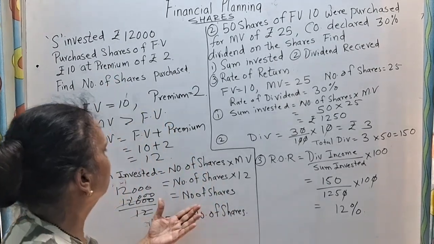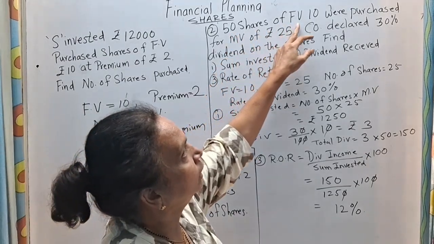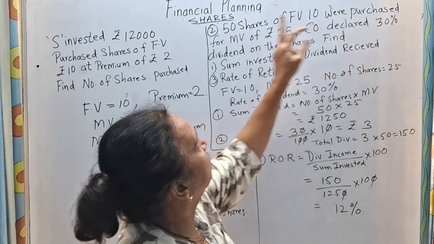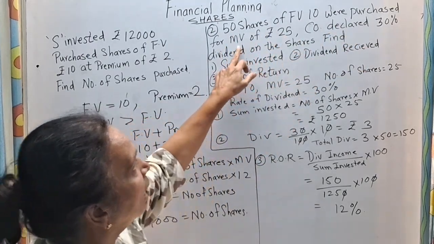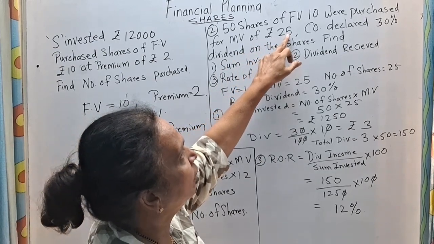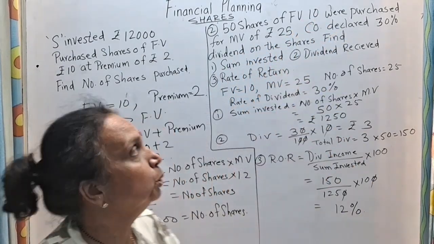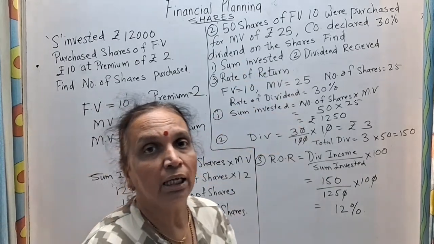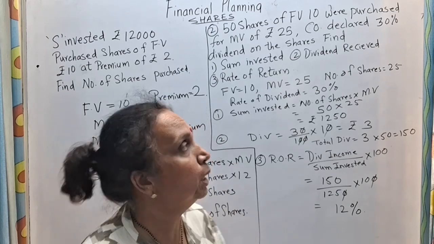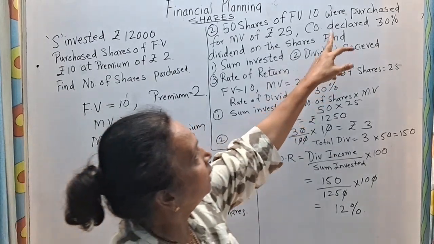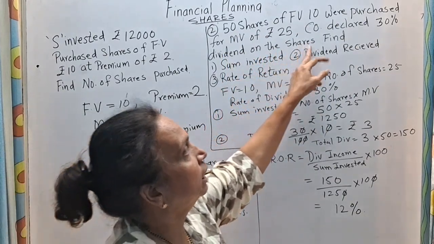Simple it is once you know the formulas. Take the next sum. 50 shares of face value 10 were purchased for market value of rupees 25. So market value is 25, face value is 10. Immediately after reading the sum, you should understand that the share is at premium, whether it is required in the sum or not. And the company has declared 30% dividend on the shares.